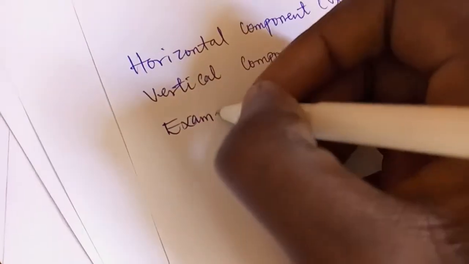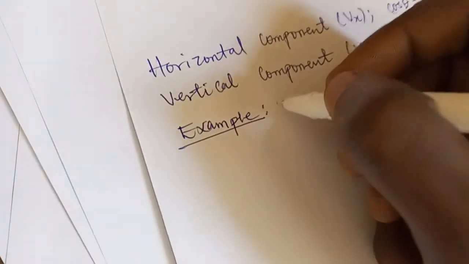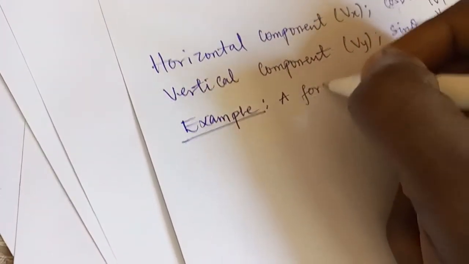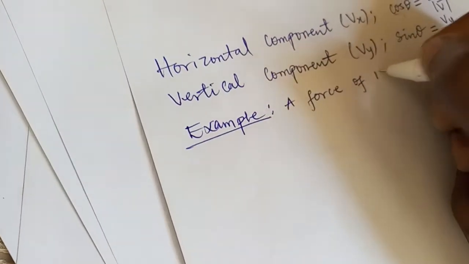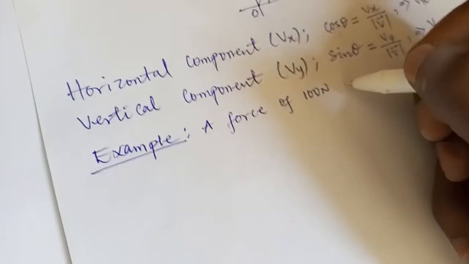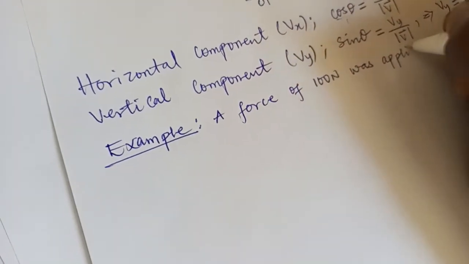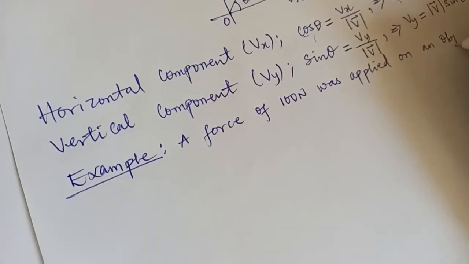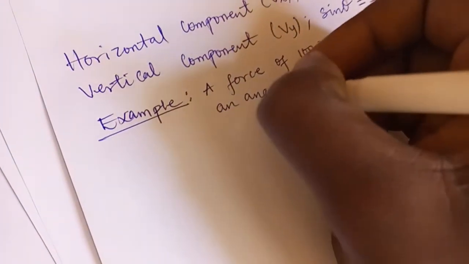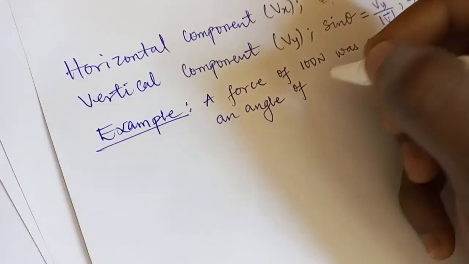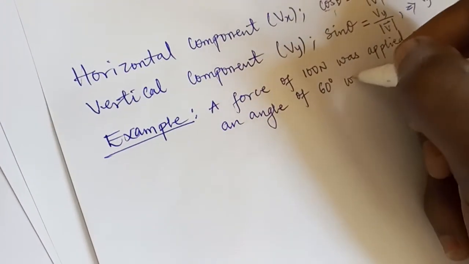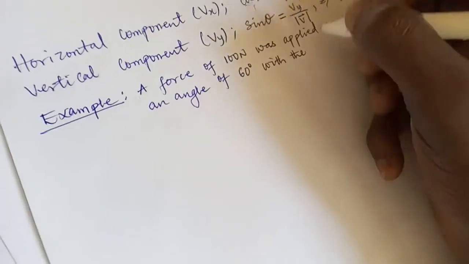Let's take an example. A force of 100 Newton was applied on an object at an angle of 60 degrees with the horizontal.